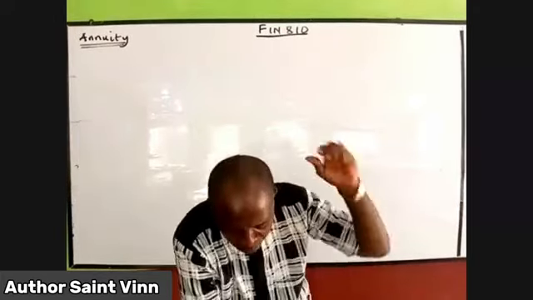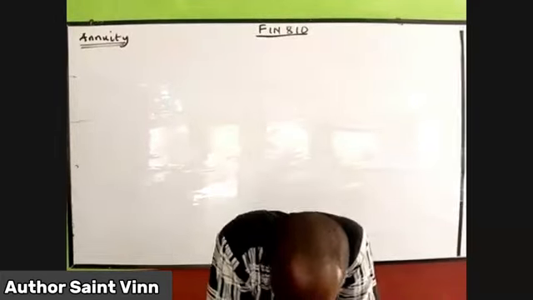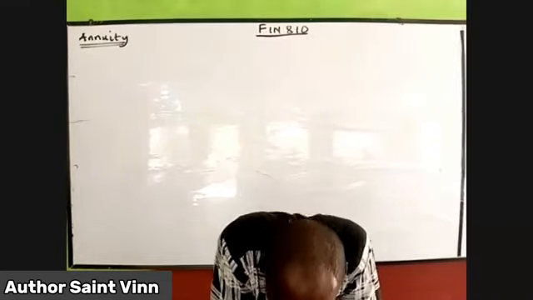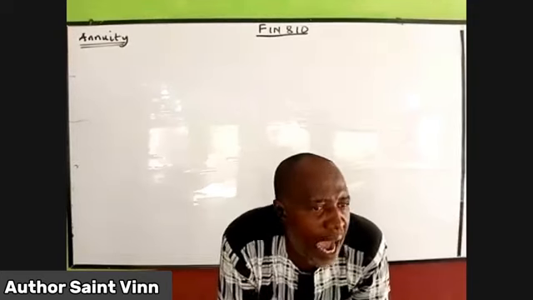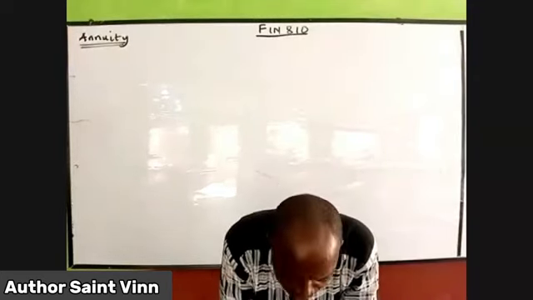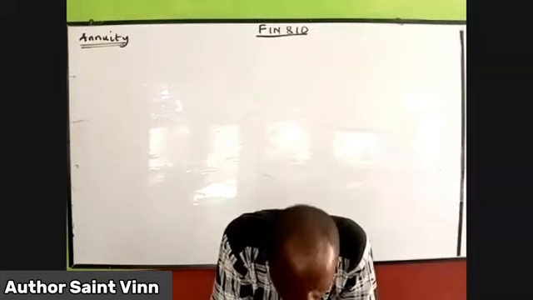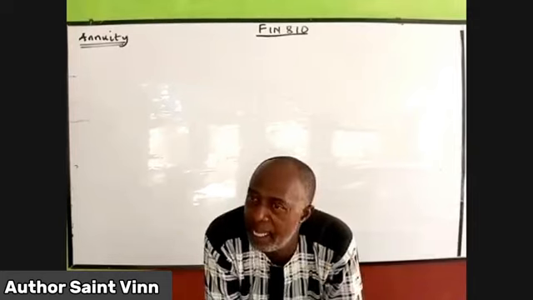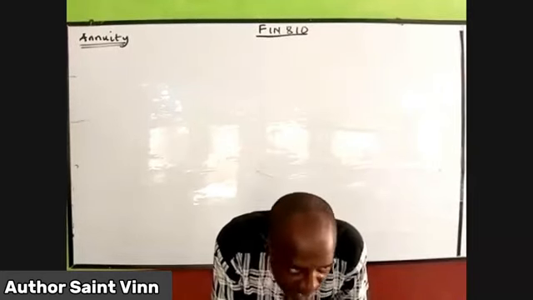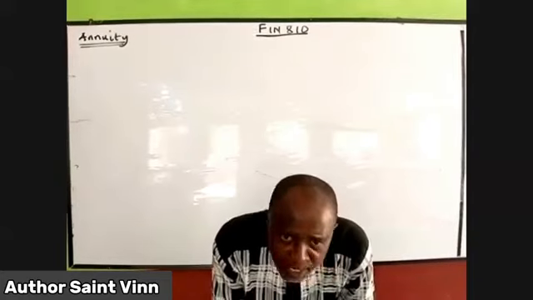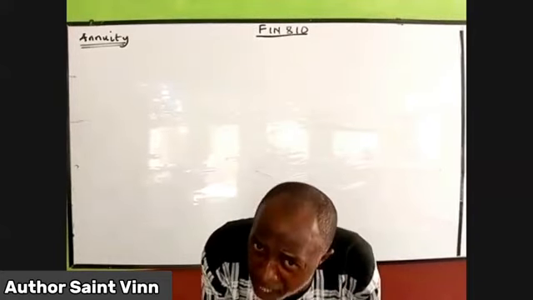Full stop. Continue. It could be ordinary annuity (bracket open, at the end). That emphasis is important. At the end, that's what makes it ordinary annuity.